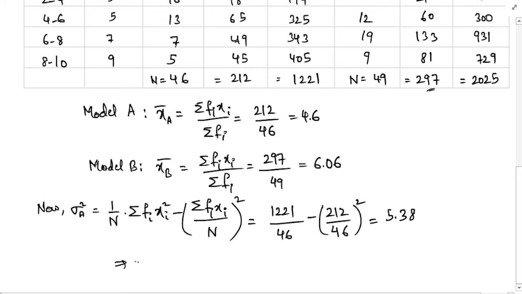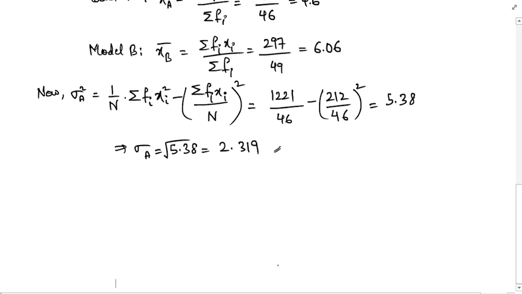So that implies sigma a is equal to root of 5.38, that is equal to 2.319. Okay, so this is for the variance of model A. And now we will find the variance of model B, that is sigma b square is equal to 2025 divided by 49 minus 297 divided by 49 whole square.